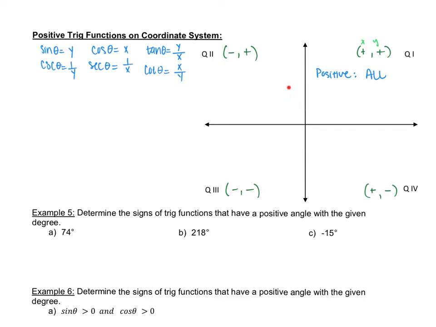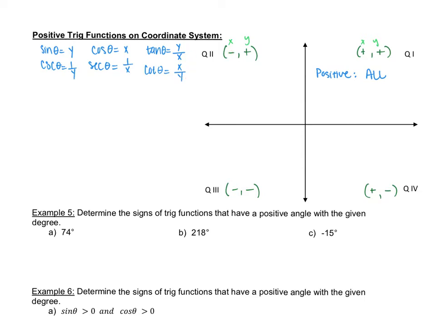So from sine to cotangent, anything here can be positive. Now for the second one here, it looks like the x here is negative and the y is positive. So anything that consumes a y is positive, and that is going to be sine and cosecant. I want you to notice that when it comes to tangent and cotangent, yes, they do have a y value, but they also have an x value that they use.